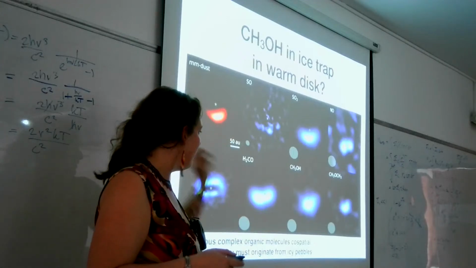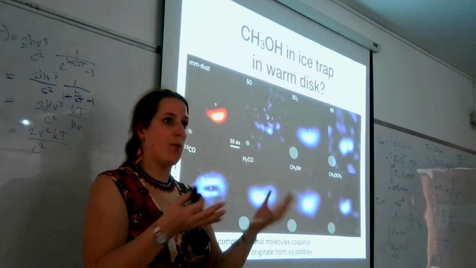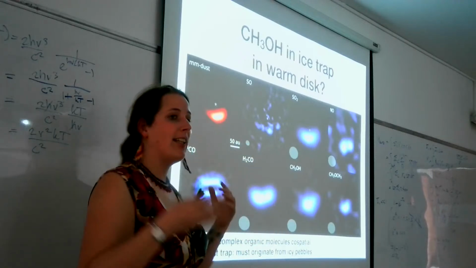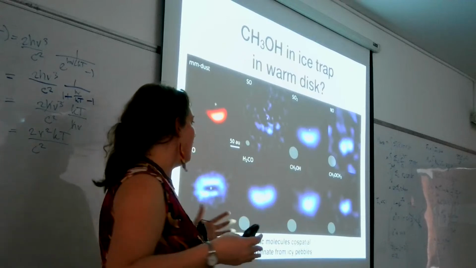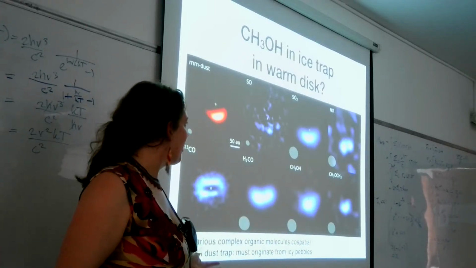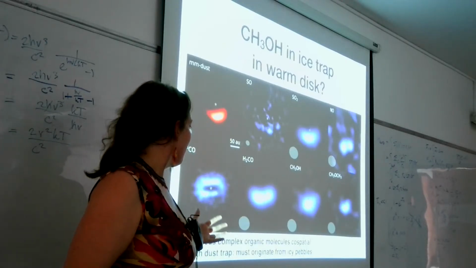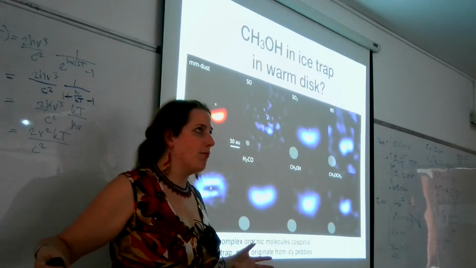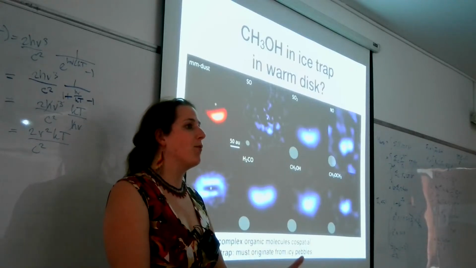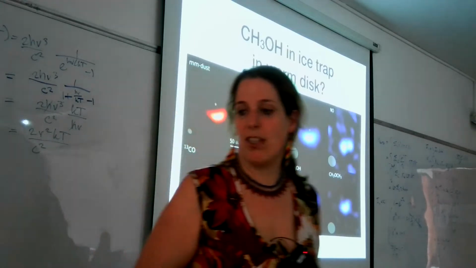So this was definite evidence that these molecules must have originated from icy layers in the disk, and that those icy dust grains must have originated from earlier stages. This is also a warm disk, by the way. Like the cloud stages, they ended up in the disk, drifted inwards, and then sublimated closer to the star.